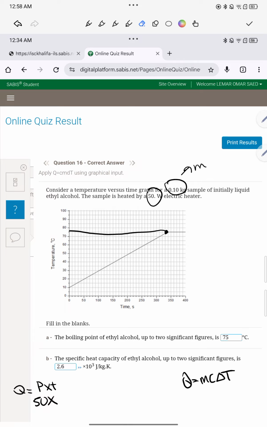Look, where here it meets, which is 340 to be exact, because we're not gonna do approximation.